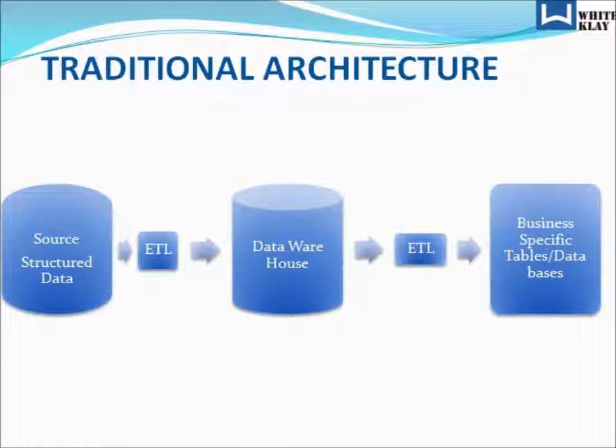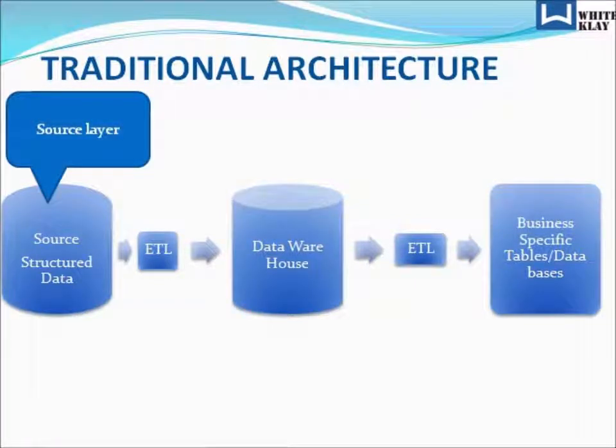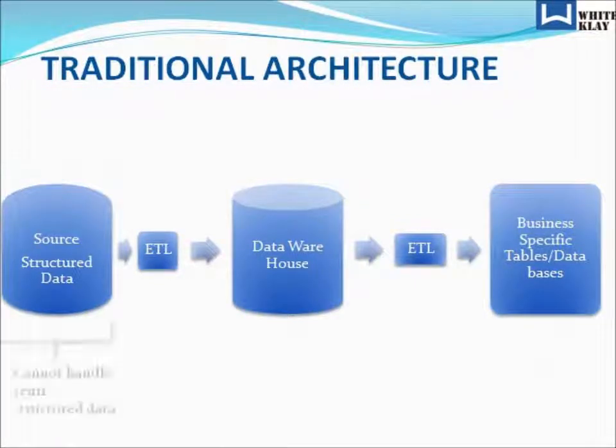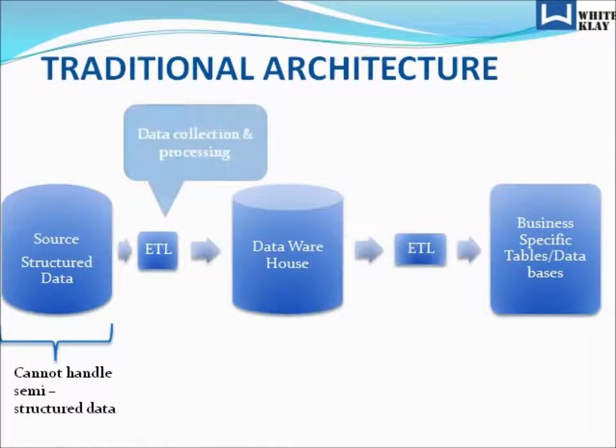Okay, this is how a traditional architecture of ETL looks like in most organizations. First comes the source layer, which consists of the structured data only. Very complex when it comes to loosely structured data. Then comes the data collection and processing layer, where we are compelled to discard a lot of data due to high cost or performance issues.